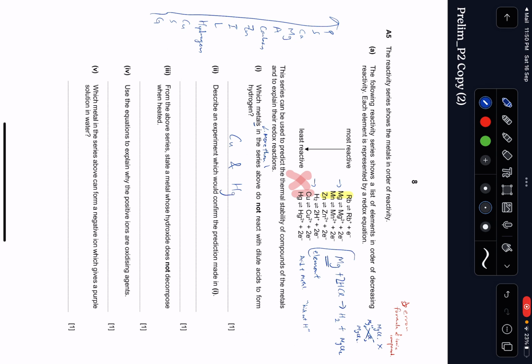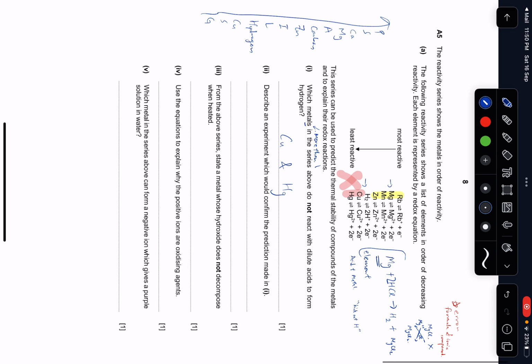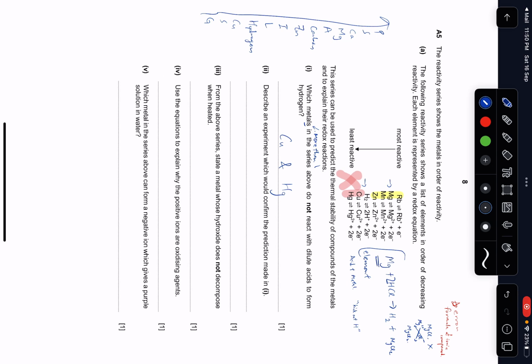Okay, part 2. You are supposed to describe an experiment that will confirm what we have just predicted. Oh, very simple. You will add copper and Hg separately, of course separately, to HCl solution.